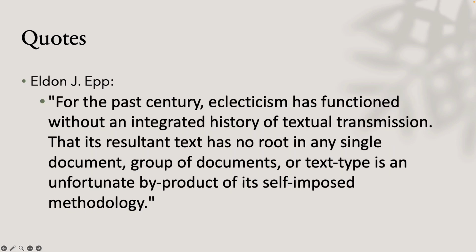For the past century, eclecticism has functioned without an integrated history of textual transmission. That is, its resultant text that has no root in any single group of documents, or any text type, is an unfortunate byproduct of its self-imposed methodology. So basically, it highlights that the modern eclecticism operates without any historical basis.